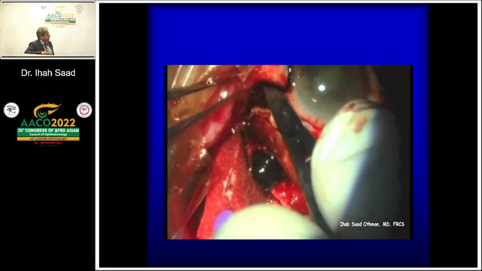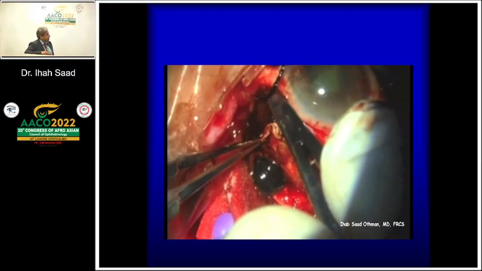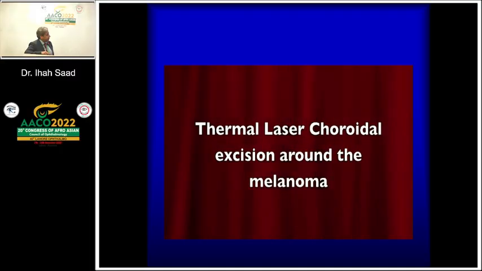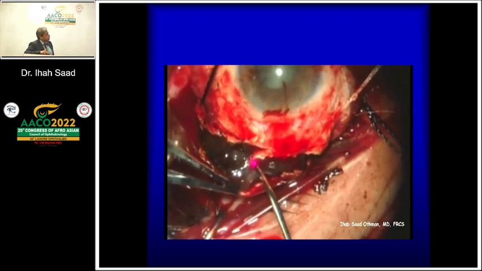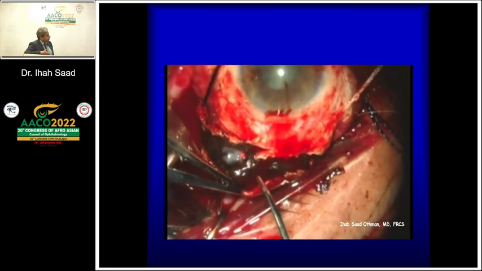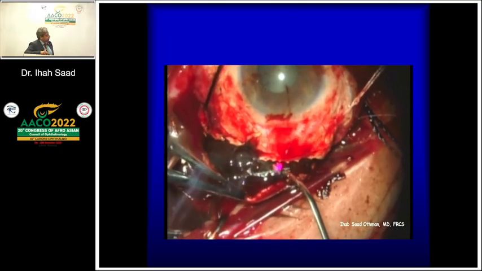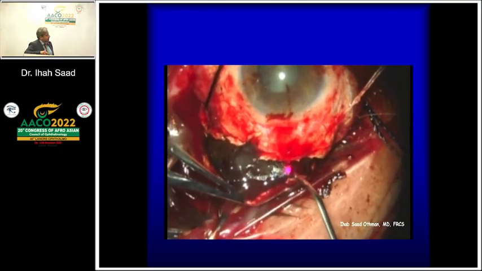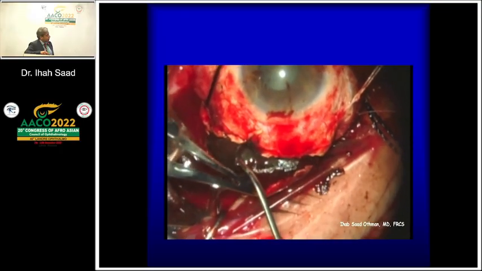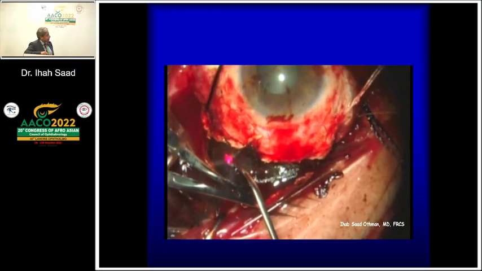Now we go to the deep sclera. We isolate the deep sclera at 360. After isolating the sclera, we use the laser to retrieve the melanoma on one side, and then at the choroid, we burn and cut through the normal choroid while taking the tumor out. This is a healthy choroid.